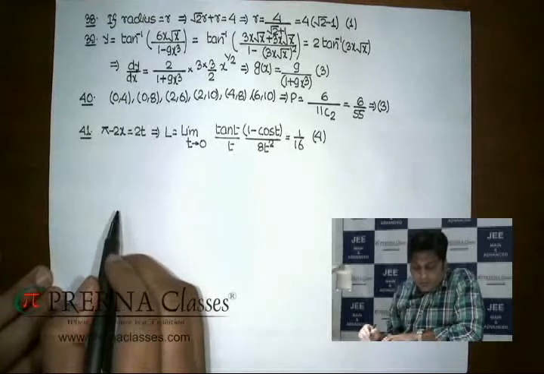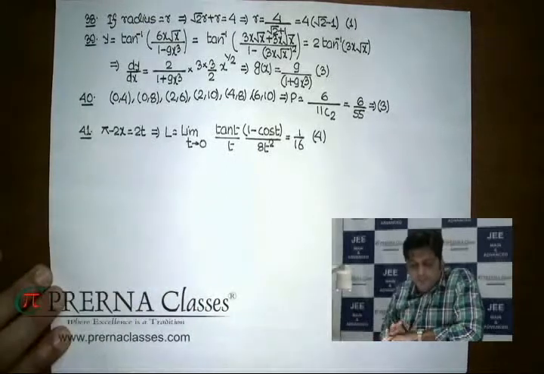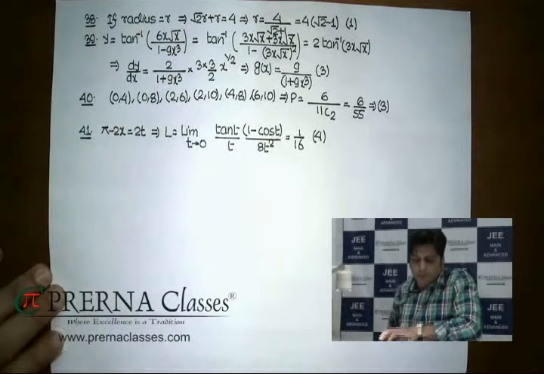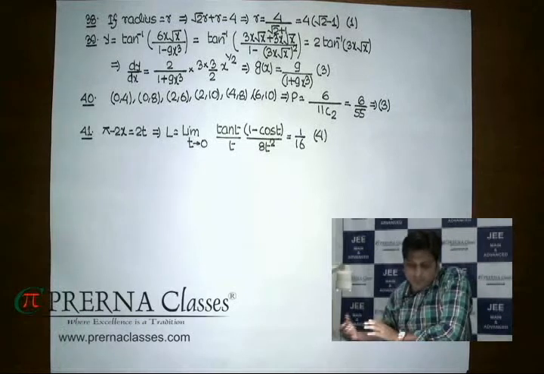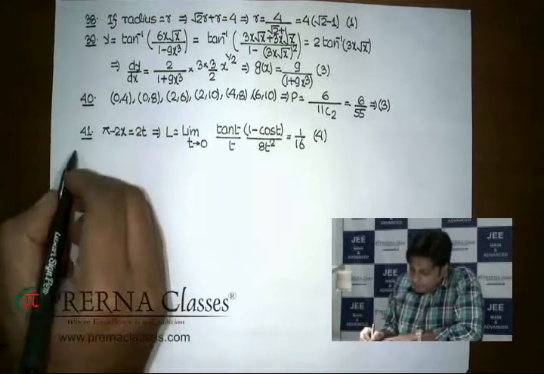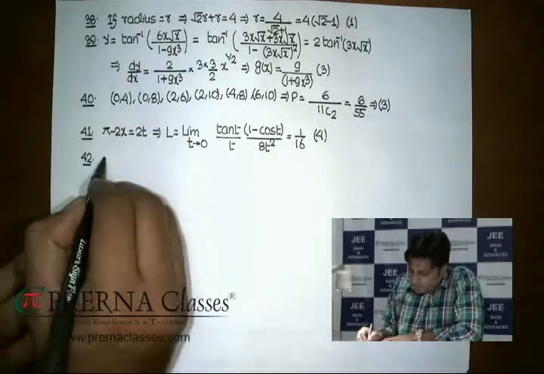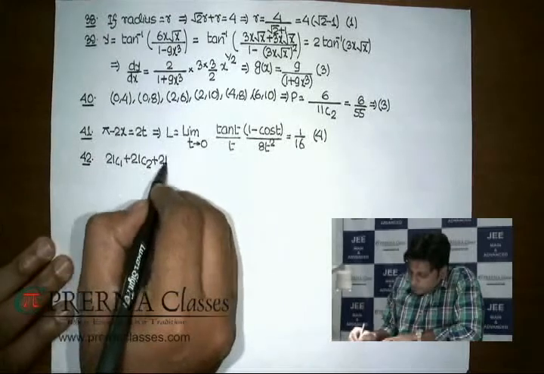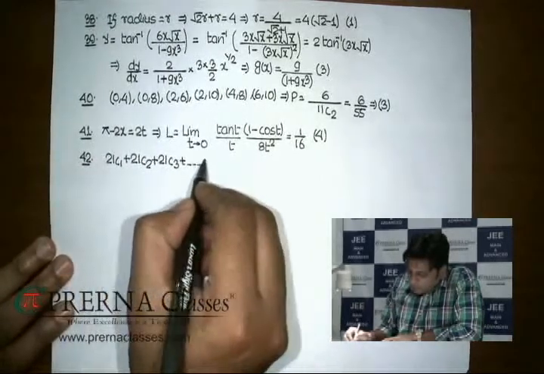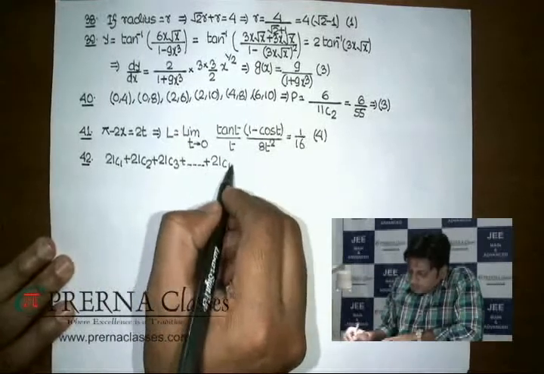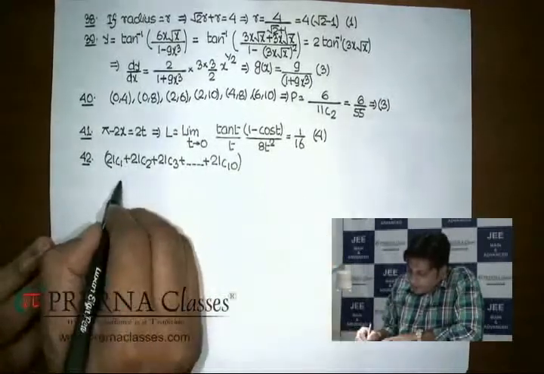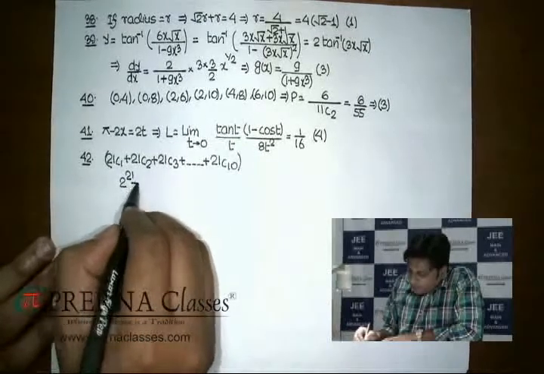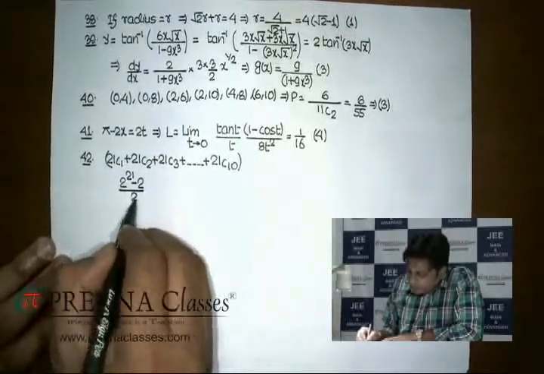Question number 42 is a question related to a sum involving different binomial coefficients. If you check that problem properly, you can separate out half the part and the other half, and as far as the first part is concerned, the sum can be easily evaluated equivalent to 2 to the power of 21 minus 2 by 2.